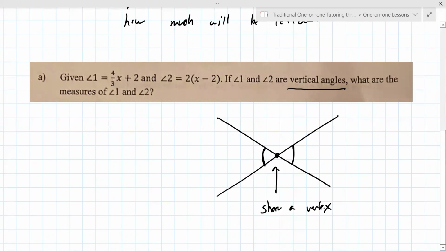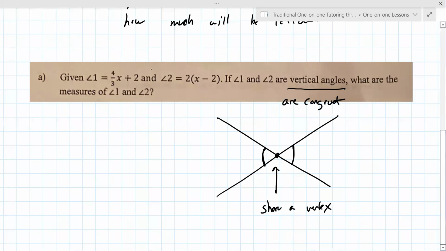But the most important thing here is that vertical angles are congruent. That's what you need to take away. Vertical angles are congruent.